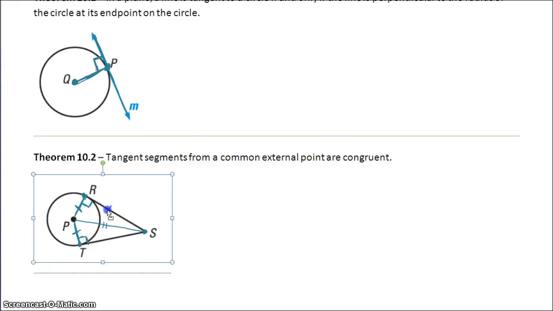So segment RS will be congruent to segment TS, which is exactly what theorem 10.2 says. If we have a tangent segment from one single point, those two segments will be congruent to each other. SR is congruent to ST.